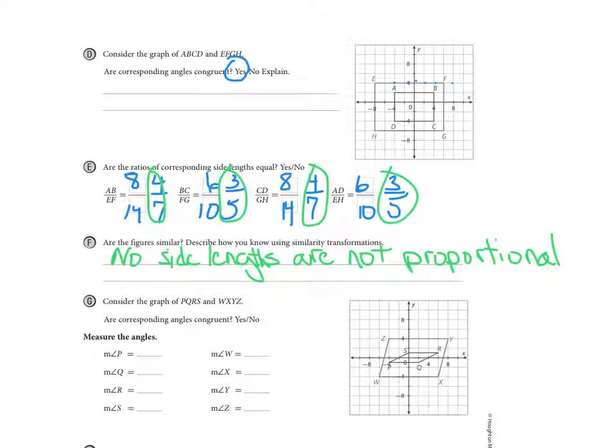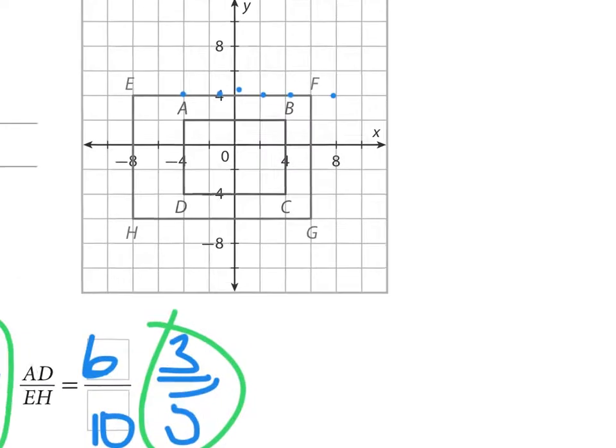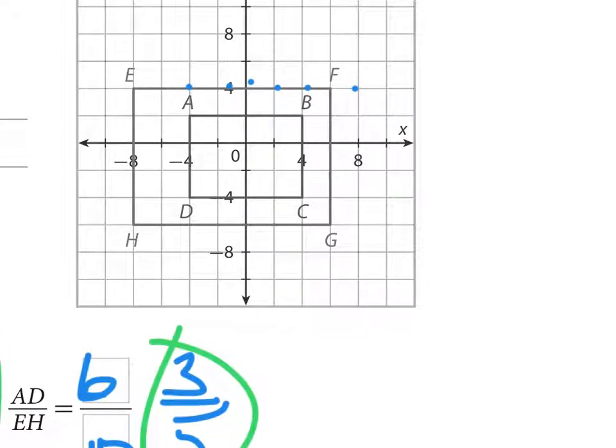The other way that you can see if these are similar is what we did in class on Friday. From the origin, if I draw a line between those two corresponding vertices, and then I do it from these two, you can see that they do not have the same center. They're not going to start from that same O that we drew on Friday.